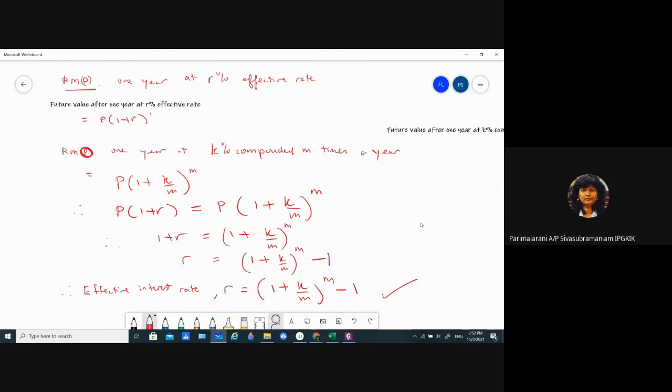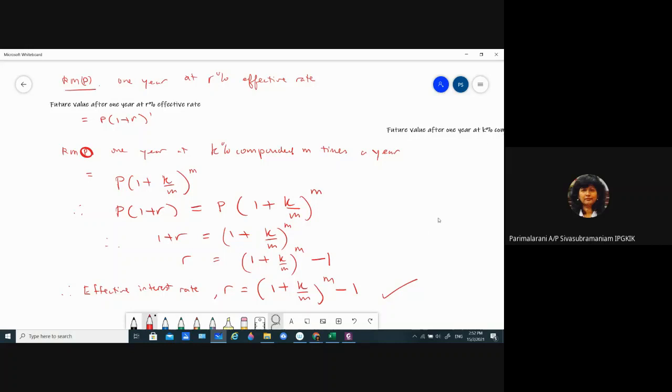Effective interest rate is the interest rate for that year, taking into consideration all the compounding. Nominal rate is already given to you. Nominal rate is the interest rate for that compounding period. But effective interest rate, they just calculate for the year generally. That is effective interest rate.